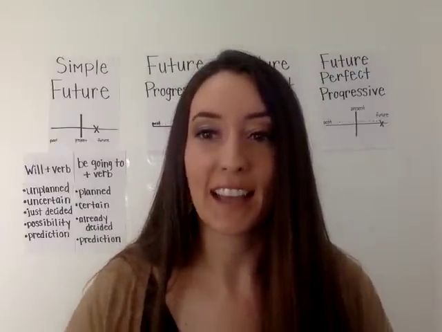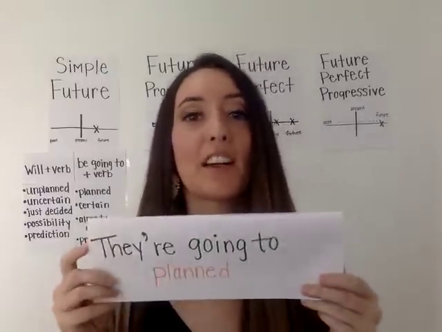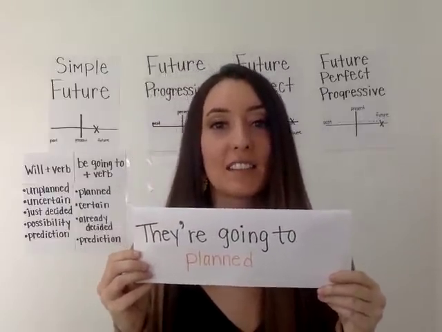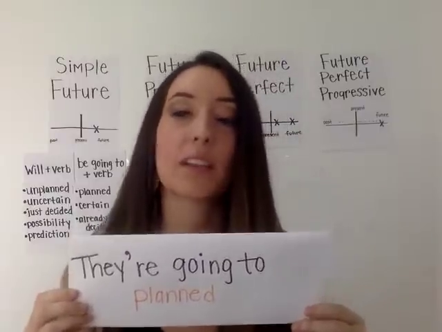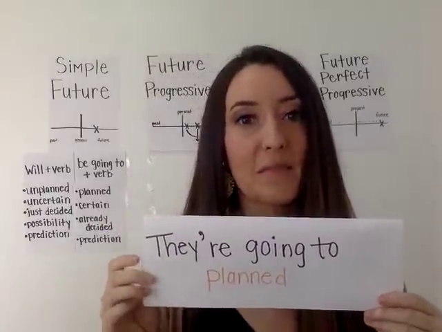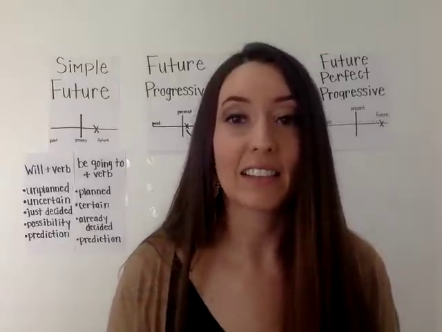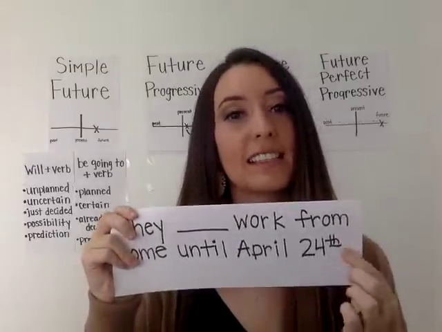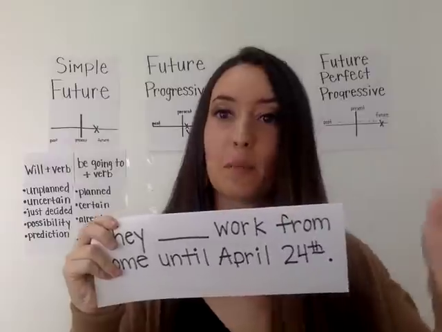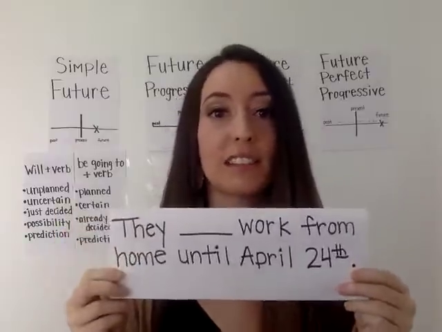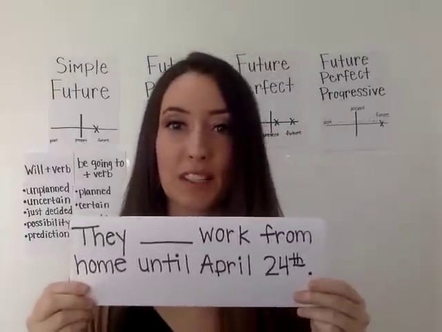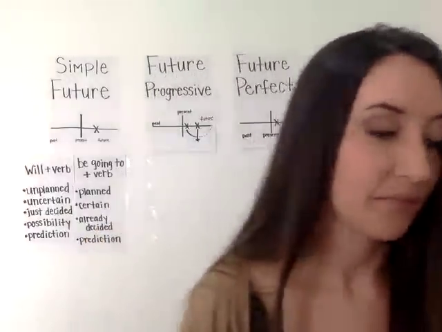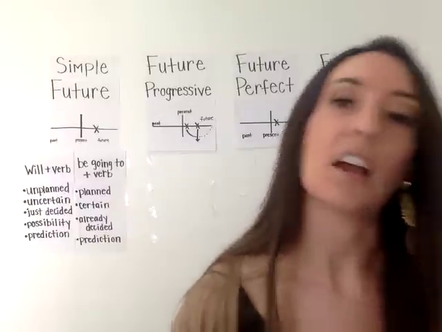So if you said be going to, you are correct. They're going to work from home until April 24th. Why? Because this is something planned. So our indicator is the date, April 24th. They have planned to work from home until this date. So they're going to work from home until April 24th. Very good.